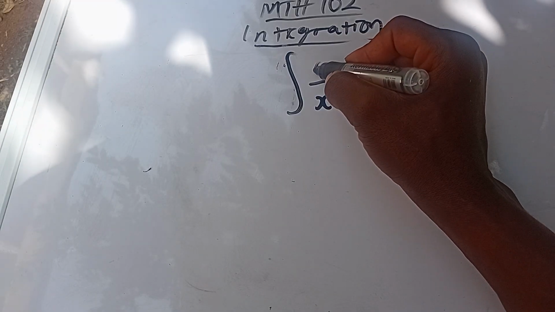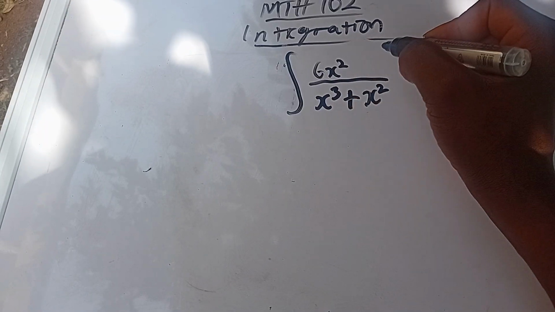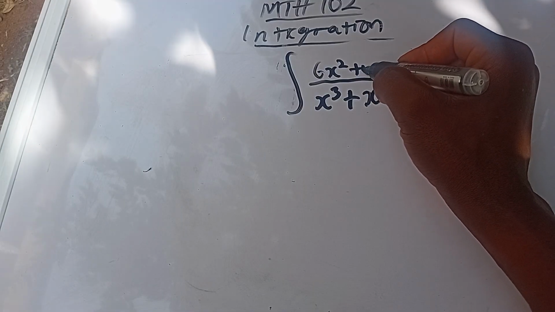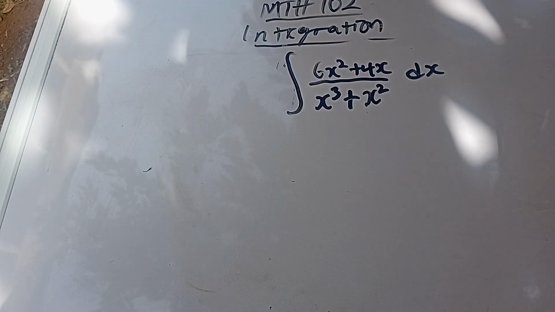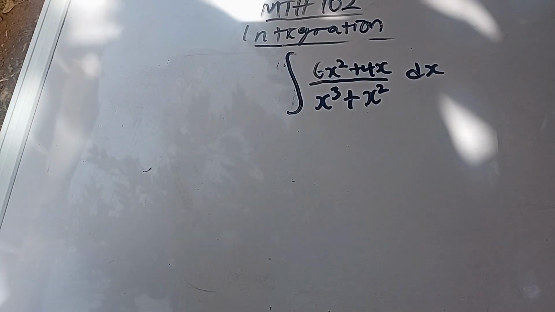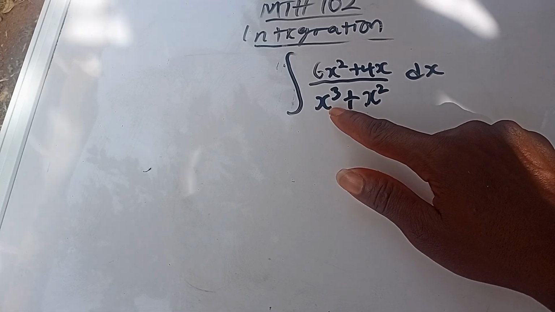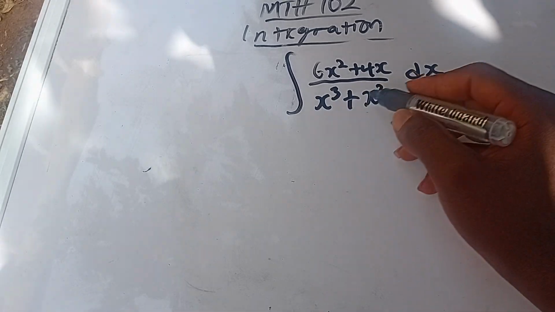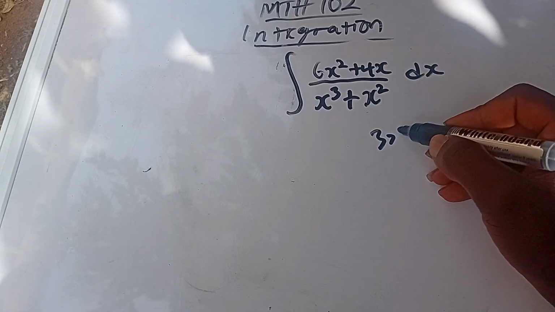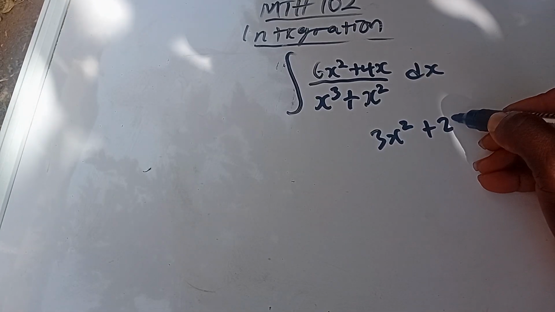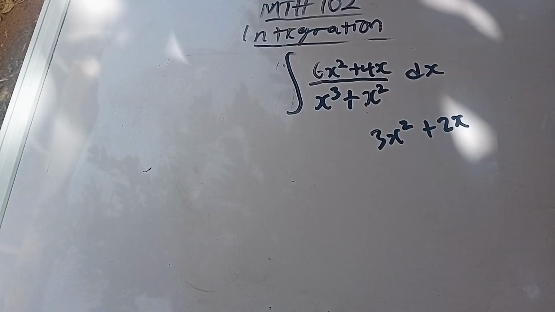Now I want to apply that standard rule. Now listen, this is a question. If I differentiate the denominator, s cube plus s squared, I will have 3s squared plus 2x. It's not equal to the numerator, is it?